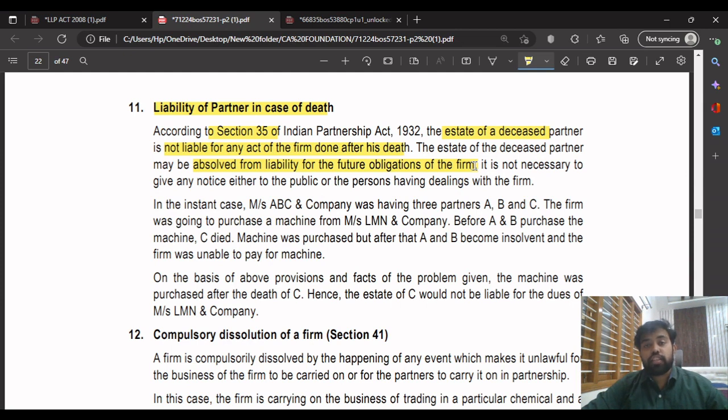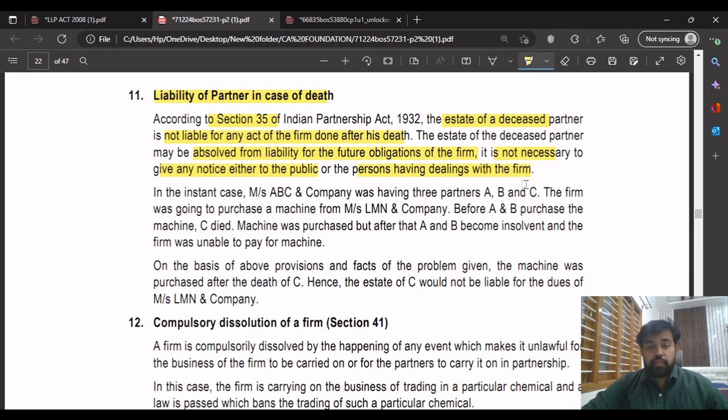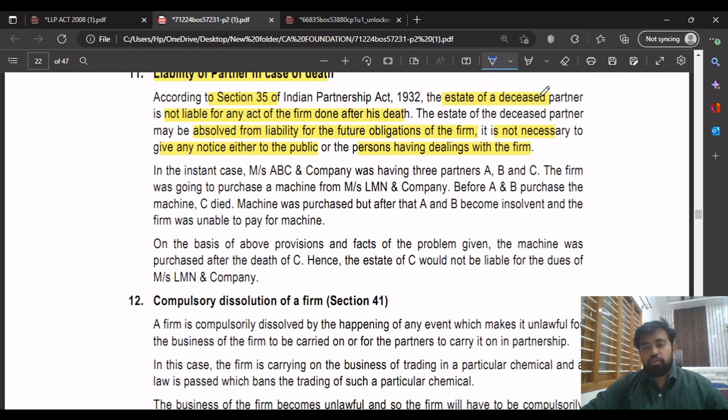So the estate of the deceased partner is absolved from liability for the future obligations of the firm. Then it is not necessary to give any notice either to the public or to the persons having dealings with the firm. As I said, he is not required to give public notice, or to the persons who are dealing with the firm. To those people also it is not required to give any notice after his death. Then he means his representatives. No, it's not like he will come and give notice.